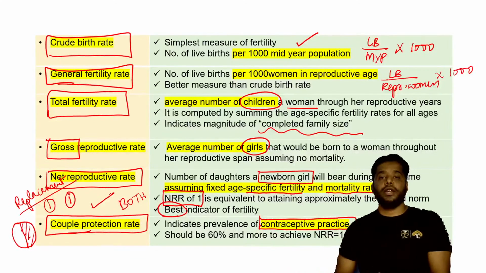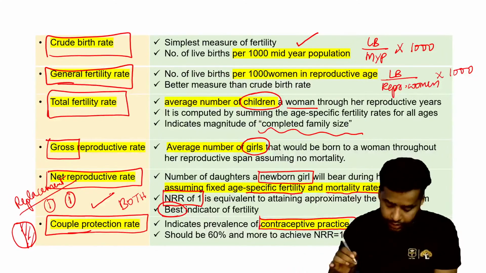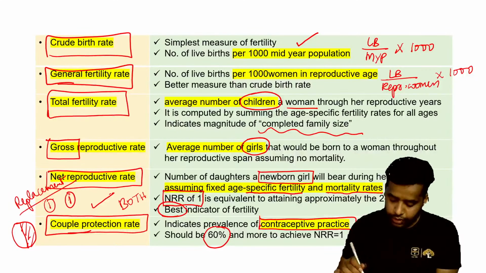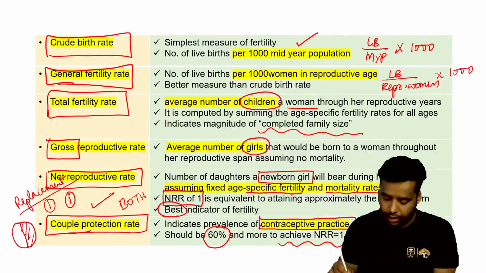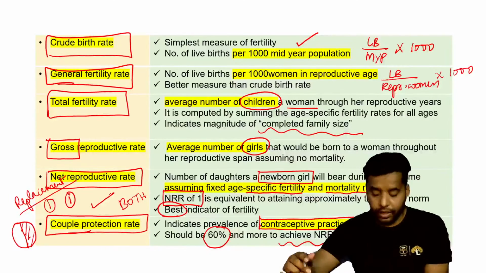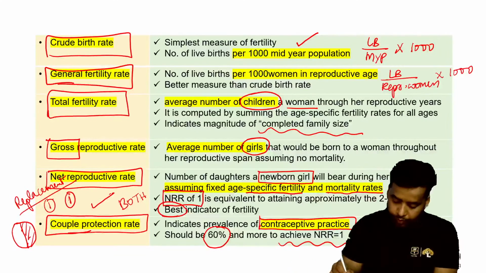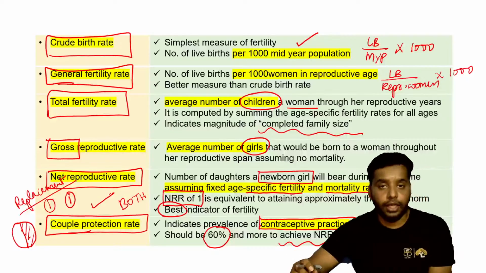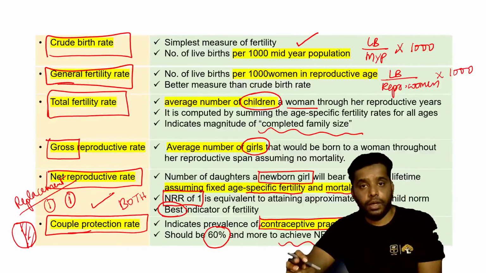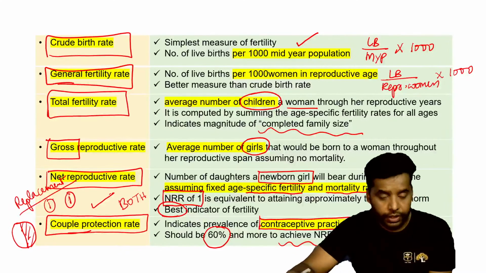If the couple protection rate of our country is 60%, that is enough to achieve an NRR of 1. In order to achieve a net reproductive rate of 1, couple protection rate should be how much? This is the question.